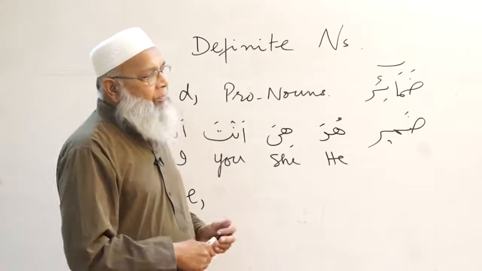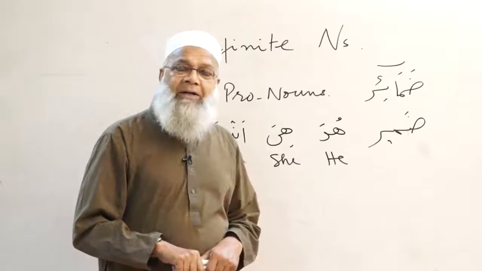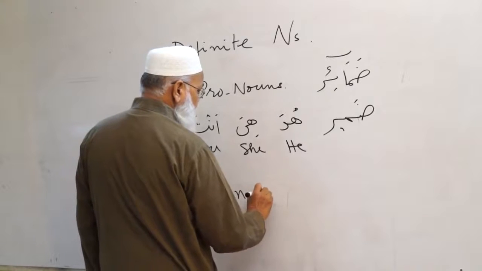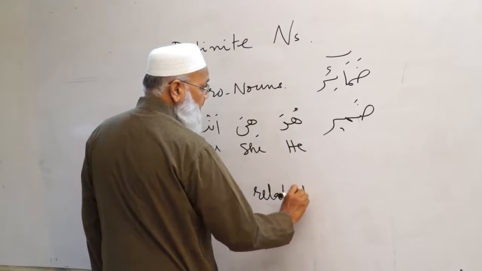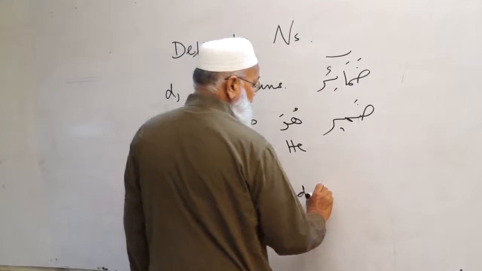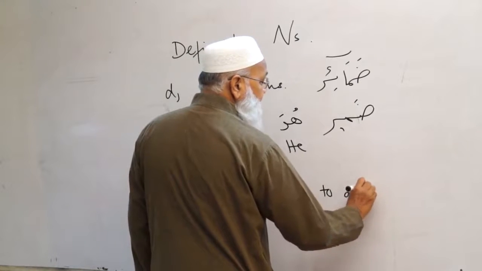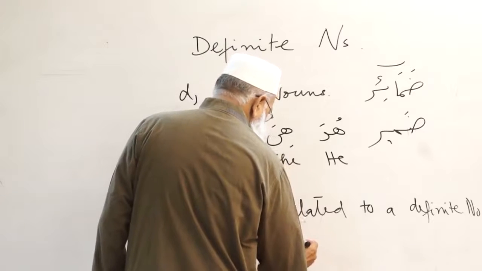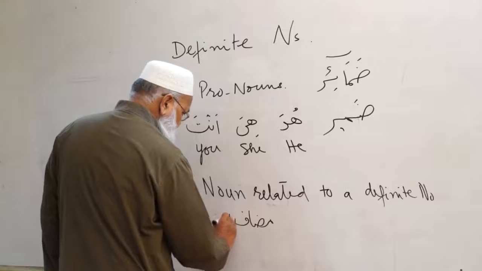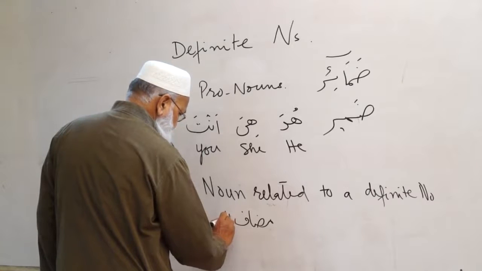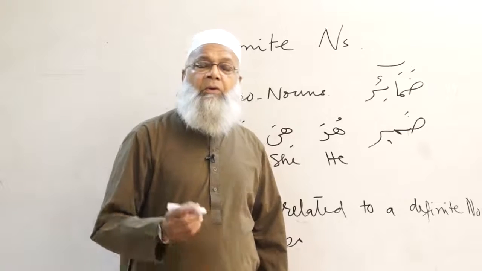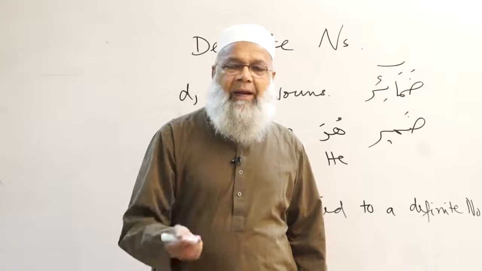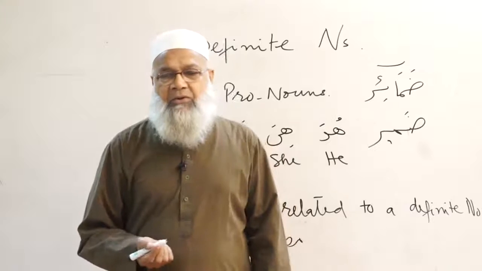Then we have a noun related to a definite noun. In Arabic you will call it mudaf ilal ma'rafa. You know the word Allah, that is the proper name of Allah subhanahu wa ta'ala. So it's a definite noun.